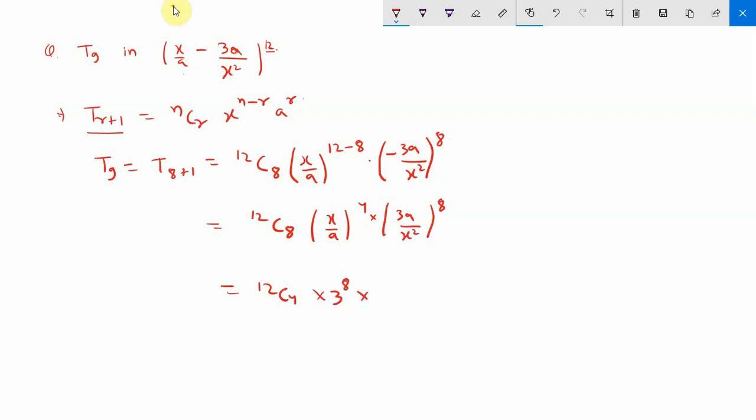See, here we will get x^4 and here we will get x^16 in the denominator, and a^4 here, a^8 there, so a^4 by x^(16-4), that is 12. So T9 we can write as 12C4 into x^(-12) a^4 into 3^8. So this is how we can calculate the nth term or rth term.